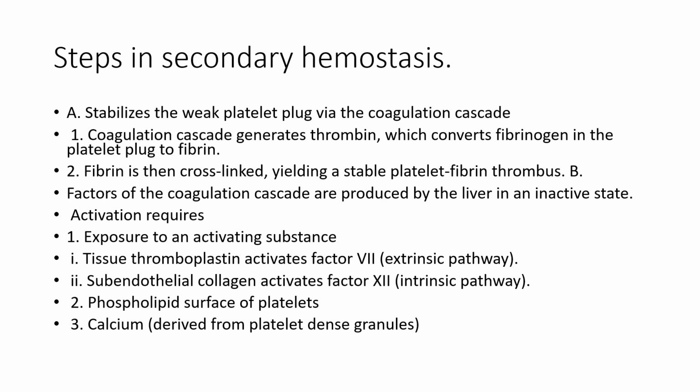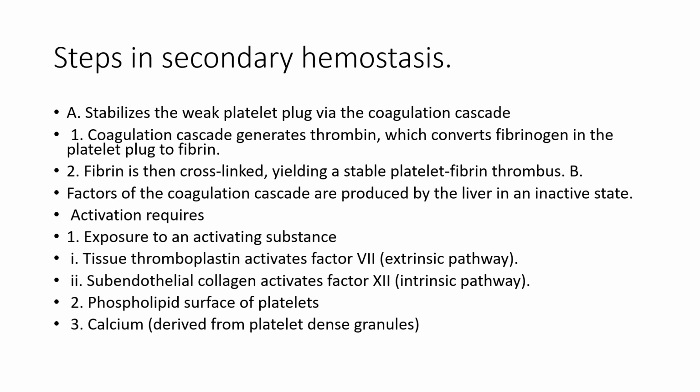Second is tissue thromboplastin, which activates factor 7 and causes activation of the extrinsic pathway. Then the exposure of platelets to subendothelial tissue collagen causes factor 12, called Hageman factor, to activate, and causes the intrinsic pathway to be activated. Then there are the phospholipid surfaces of the platelet, and calcium. Calcium is also very important in platelet aggregation as well as adhesion.